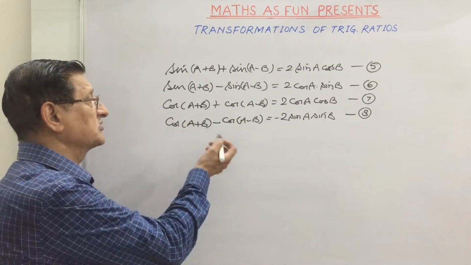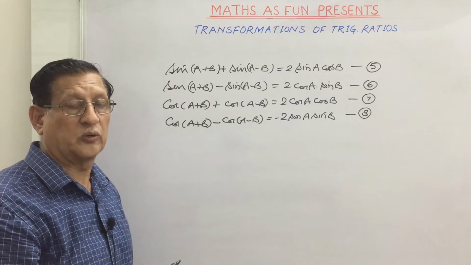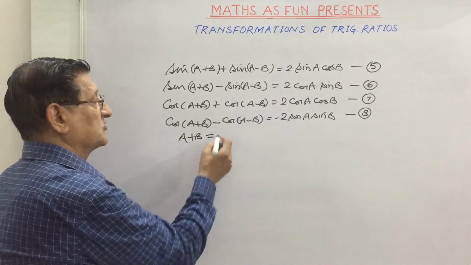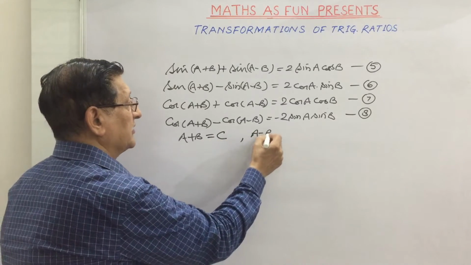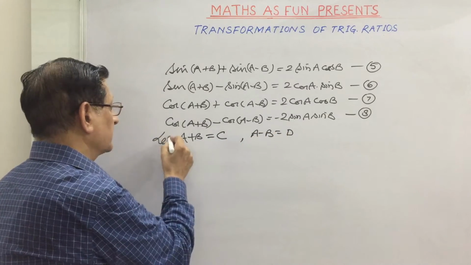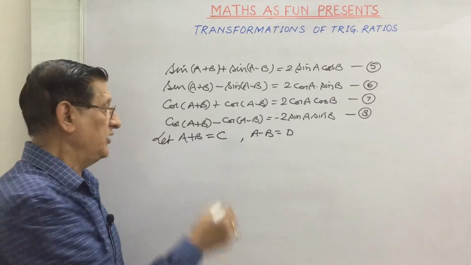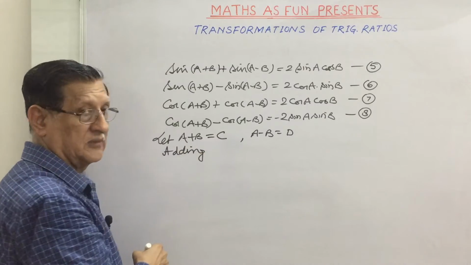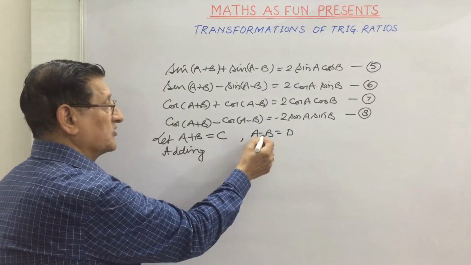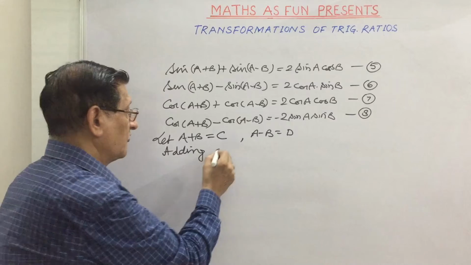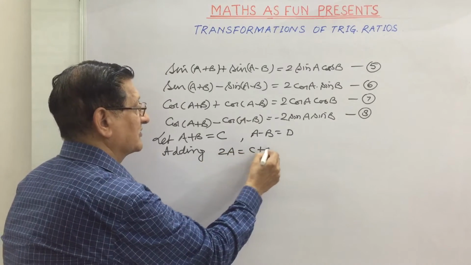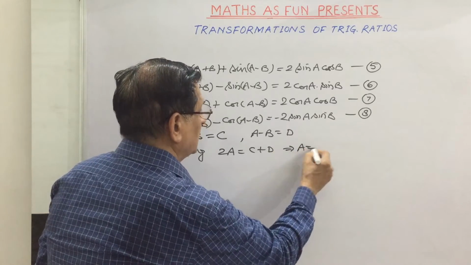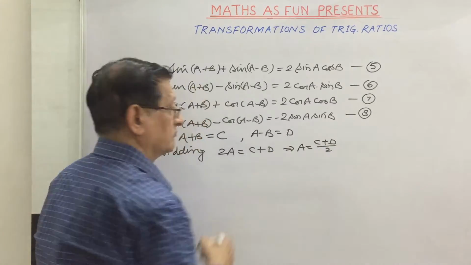Now to transform the sum and difference into the product form, what we do, we can consider A plus B as C and A minus B as D. We write let. If we add these two, what we get adding them? We will get A plus B plus A minus B will be 2A and that is equal to C plus D. It means A will be equal to C plus D by 2.